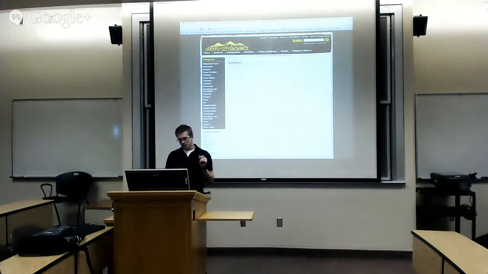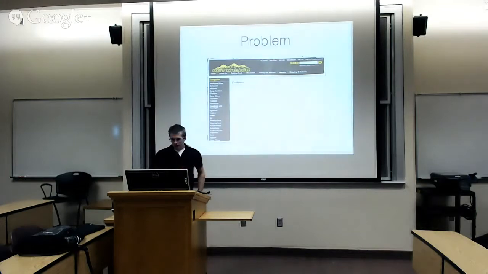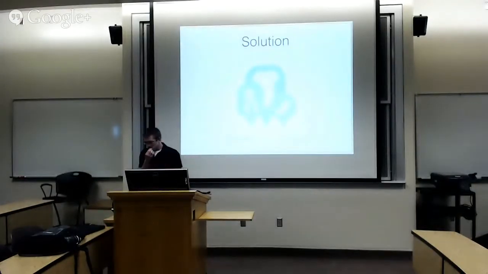So let me get my presentation back up here. My solution, I thought about different ways to do this and other related problems, and this is what I ended up coming up with.